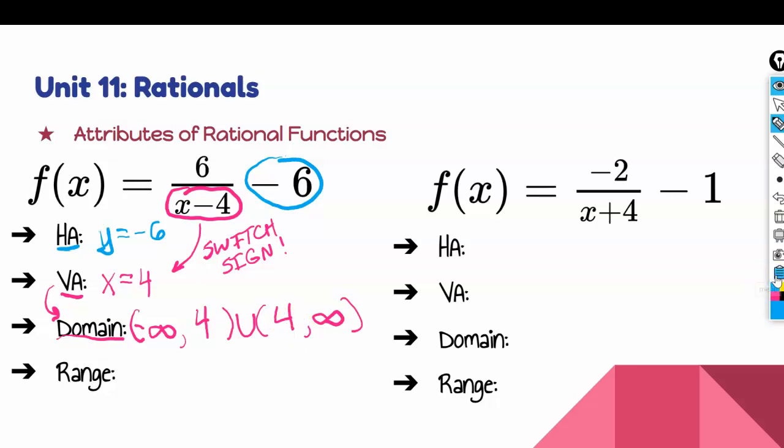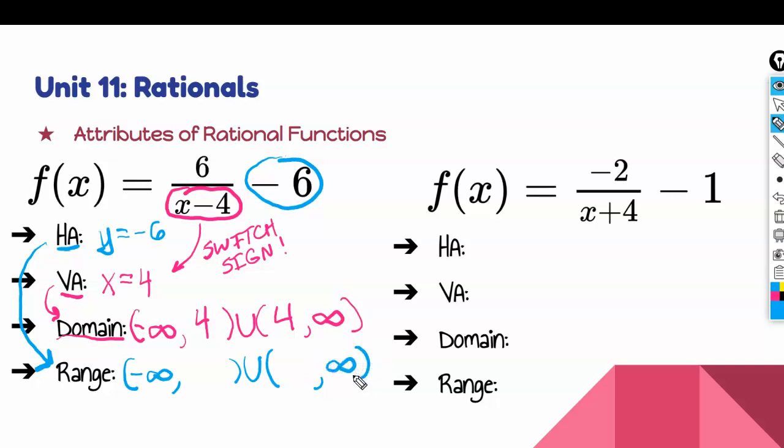For range, since range is all of our y values and our horizontal asymptote is y equals, it's going to be tied to the horizontal asymptote. So it's going to be very similar to domain, where I've got -infinity, comma, something, parentheses, union, parentheses, something, comma, +infinity.